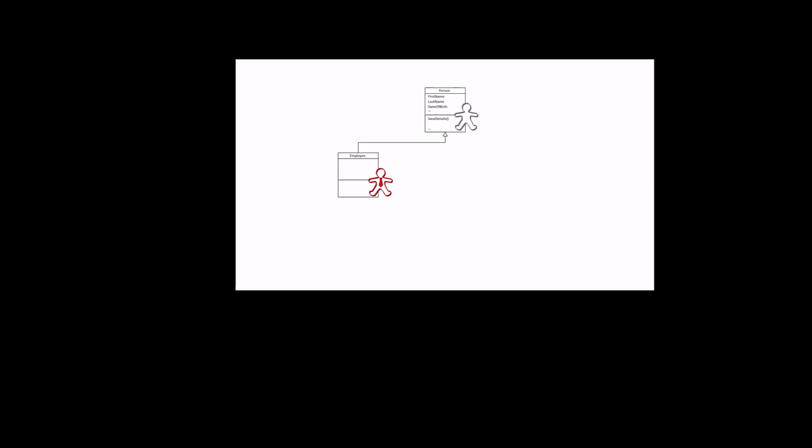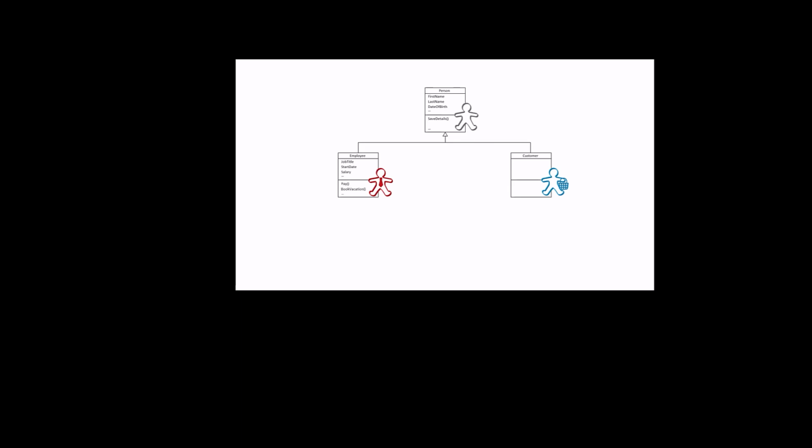A customer of the business is also a person. So, through inheritance, a customer class also derives the methods and properties of the person class. A customer is a type of person. An employee class can have some extra properties and methods of its own. It can extend the person class.